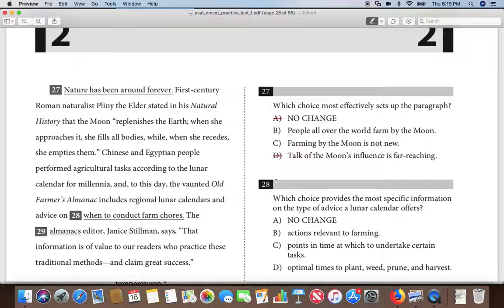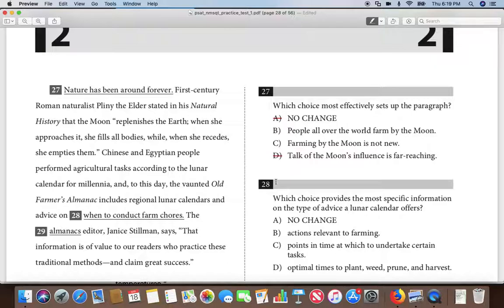Yes. B is so tempting because it does reference people in other parts of the world. But what's the issue with B? Seems to work. What's the issue? I don't really know how to explain it. It doesn't really illustrate time, I guess. Not at all. In fact, it's the wrong time.